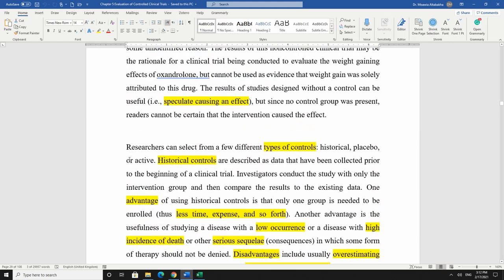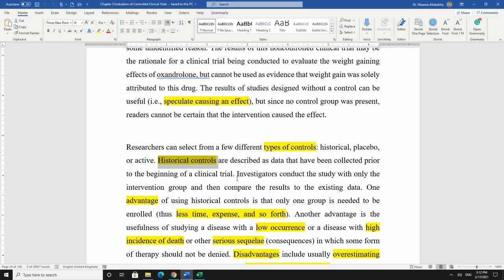Okay, now let me go to the historical data. A few clinical trials might tell you, okay, I will compare my group with data I have from the history, I mean reported previously. This can be acceptable in certain cases. For example, when there is a rare disease, so you cannot actually find many subjects to try on.